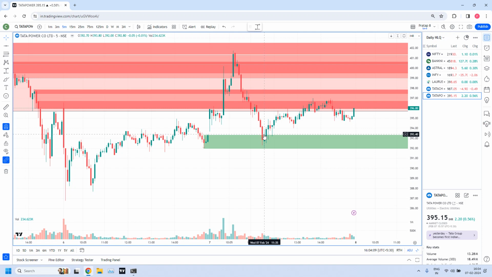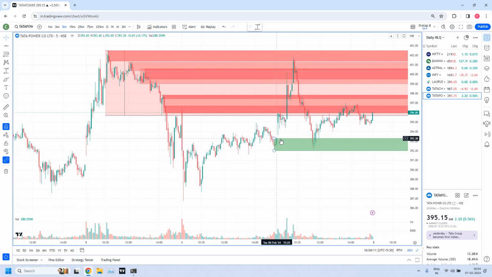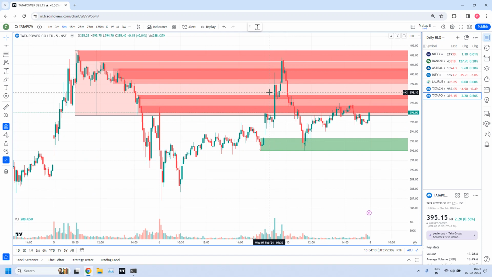So see why I said this is important. Sometimes what we do, if the first zone is violated, we run away from the market. Your emotions come into your mind: I got the loss, I lost some money. Forget about it. These are all opportunities.